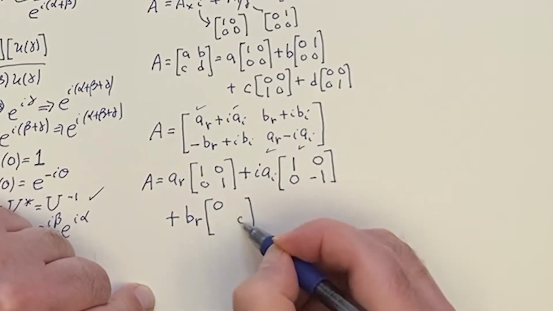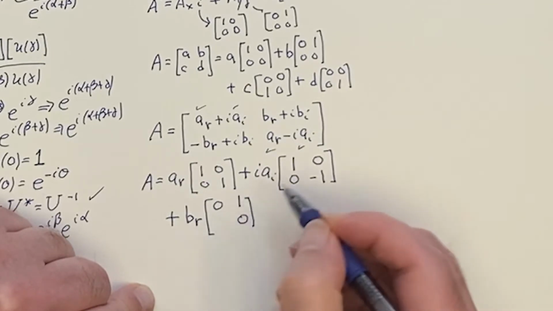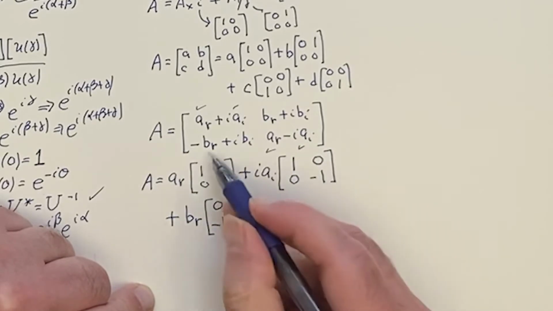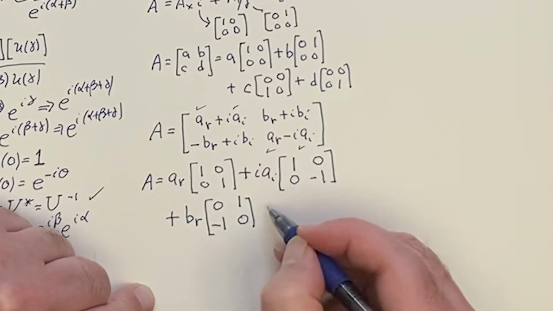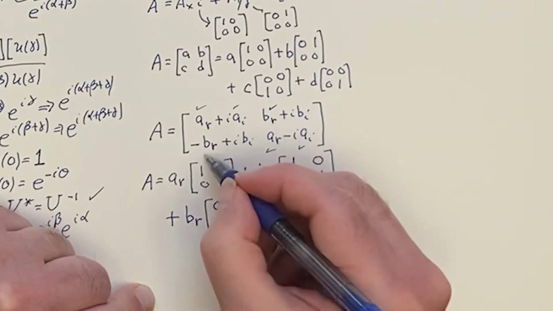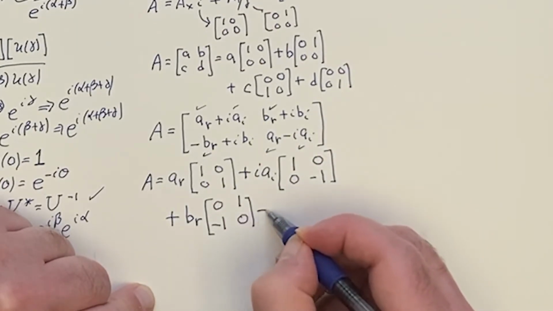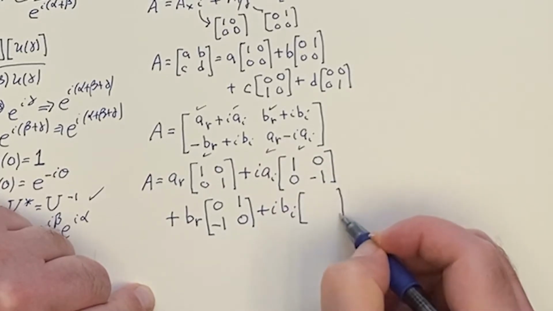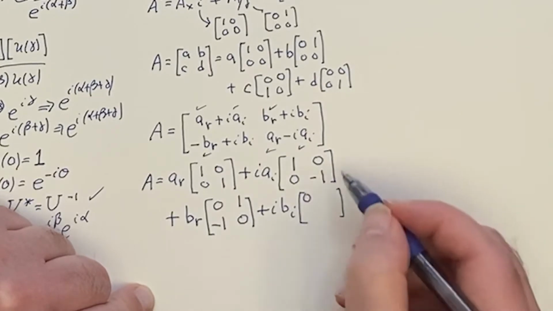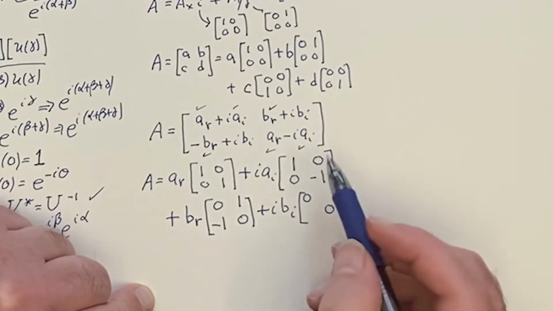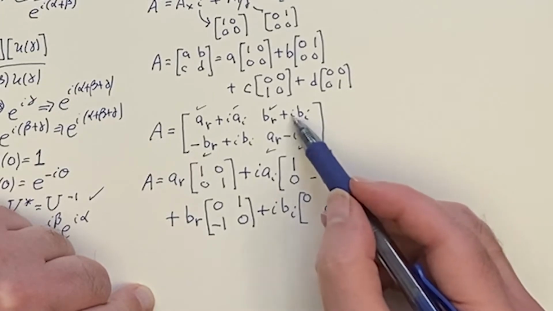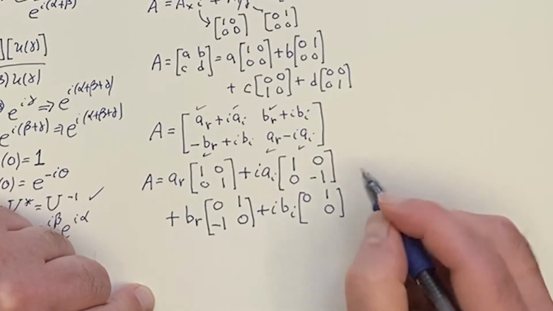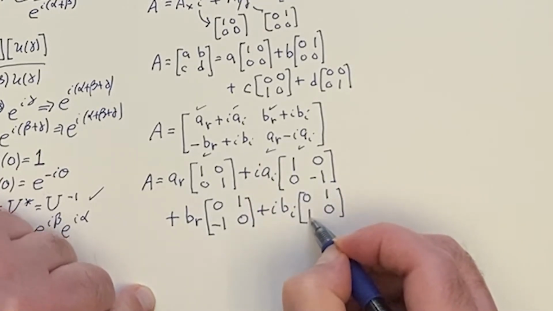There are no B's down in there, but there is a BR up in there, and there's 1 down here, and that one is a minus sign. And that takes care of the BRs. And then the last thing is the i BI. There's none up here. There's none down there. And up in here, there's an i BI, so that would be a 1. And then down here, there's an i BI, that would be a 1.